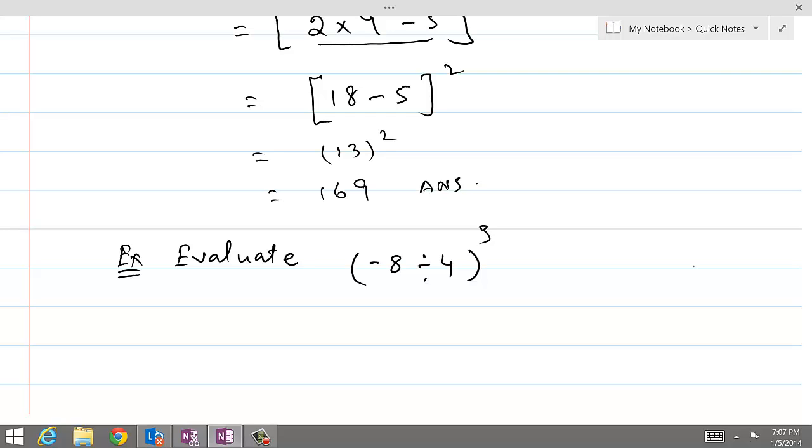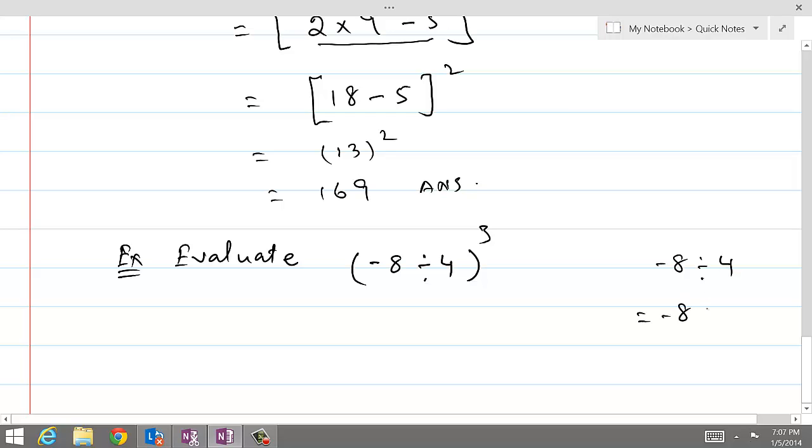Inside the bracket is minus 8 divided by 4, and you know that we can change this division sign into a multiplication sign if we reciprocate the last one, the number which is being divided. So this would be 1 over 4. Now we can multiply minus 8 times 1 over 4, which is minus 8 over 4. This is equal to minus 2.